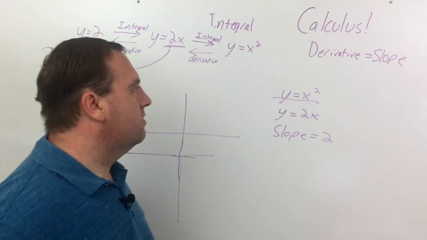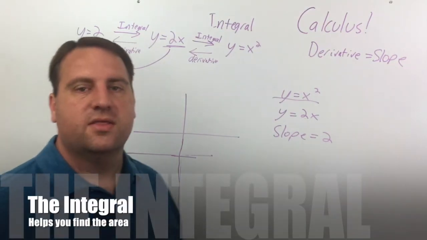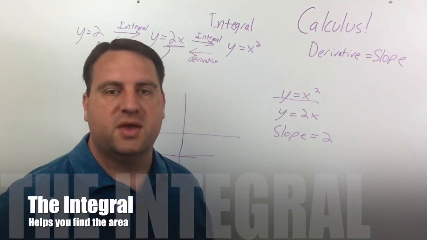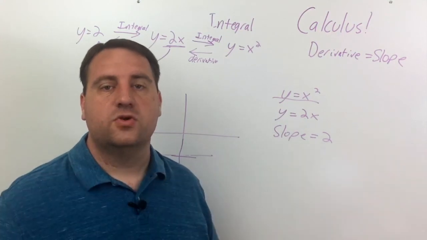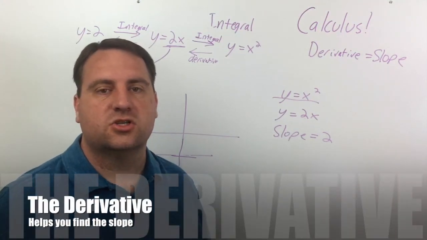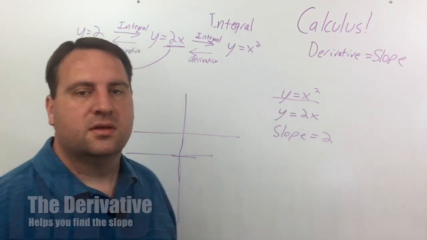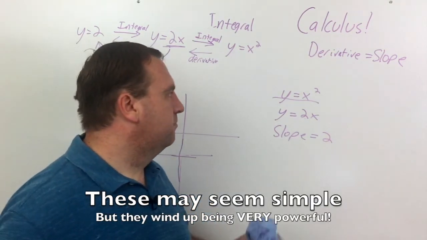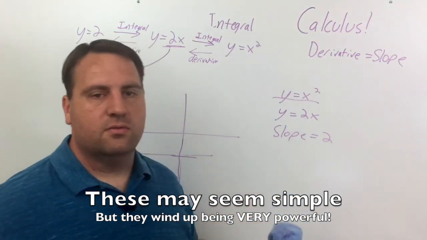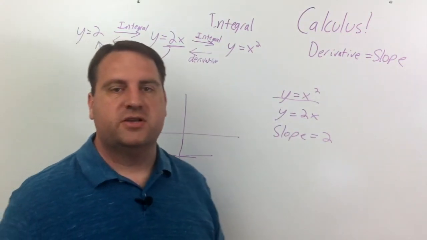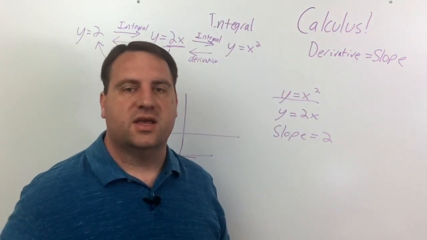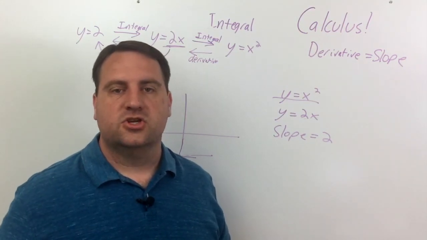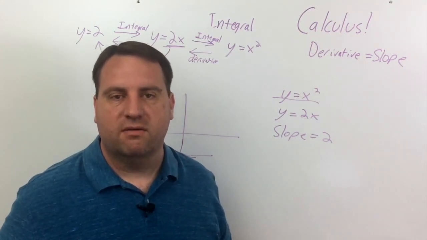Okay, so those are our two main operations: the integral, which one of its main jobs is finding the area, and the derivative, which tells us the slope of a graph at any given point. And so those are the operations we'll be studying this year. Here we were doing it with geometric figures that we can understand using the geometry that we've used forever.